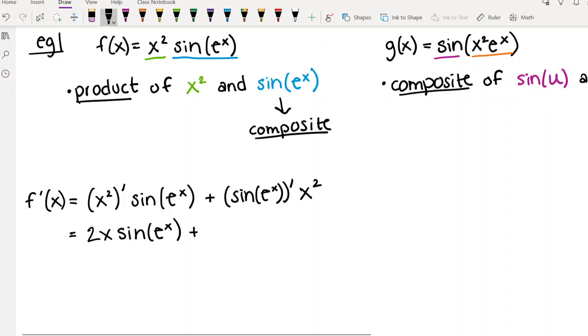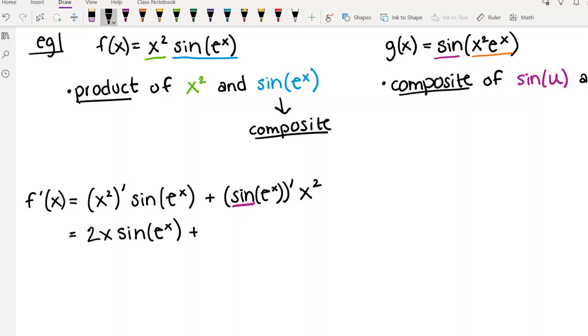So the way that I would find the derivative of sine of e to the x is, again, first start just doing the outside part. So forget about what's on the inside and just take the derivative of the outside while leaving the inside alone.